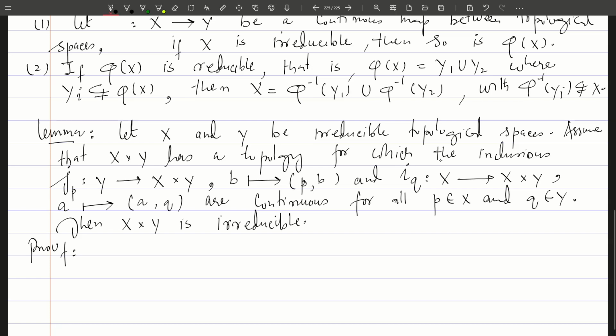Then we claim this product is irreducible. To prove this, we are going to assume otherwise. So assume that the product X times Y is reducible.